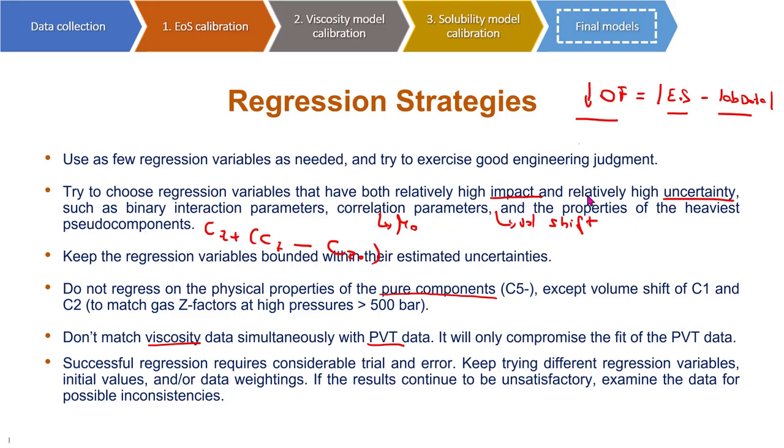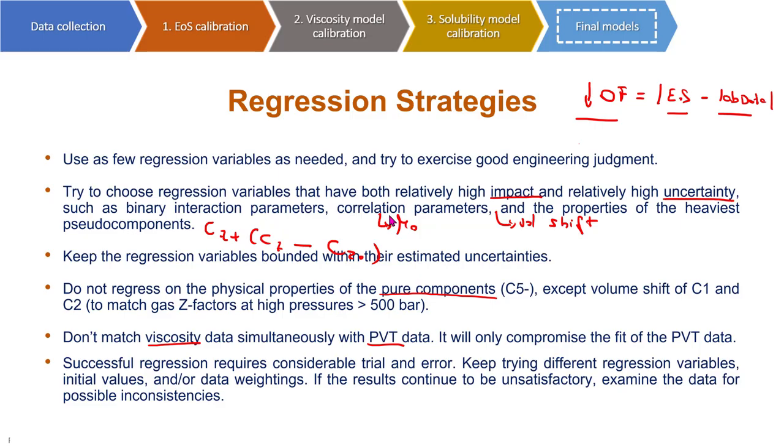So I gave you these recommendations on some key properties that you need to include in your project in order to get the matching between the prediction of the equation of state and the lab experiment that you measured in advance. So some key properties are the binary interaction parameters. I think we should include them in your project.